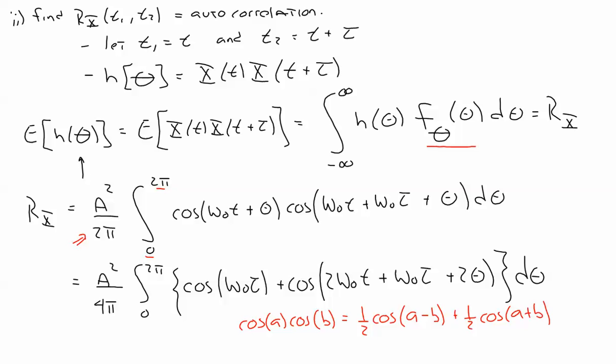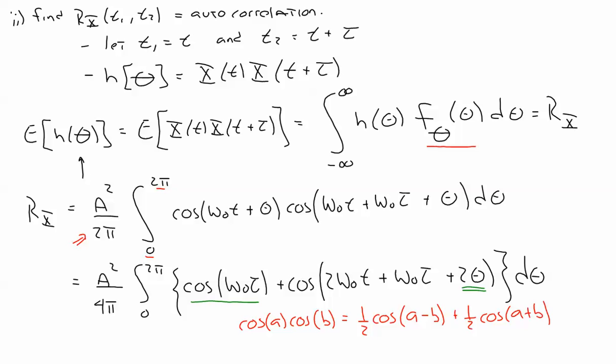All right. Now, notice this. My first part of my integrand, this part right here, is not a function of theta. However, my second piece of my integrand is a function of theta.